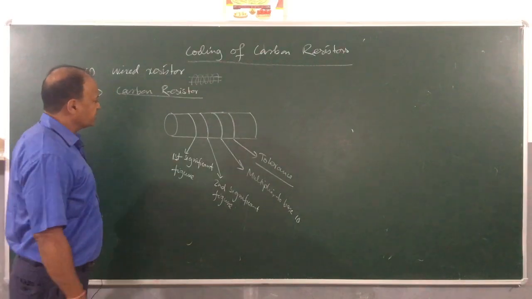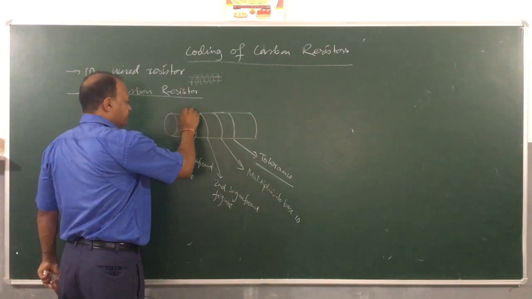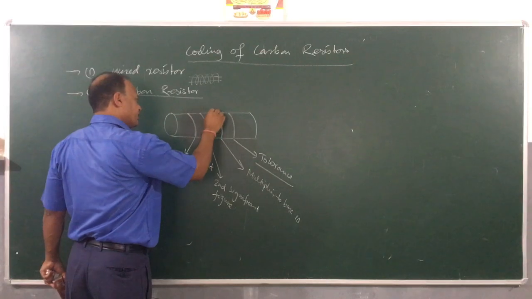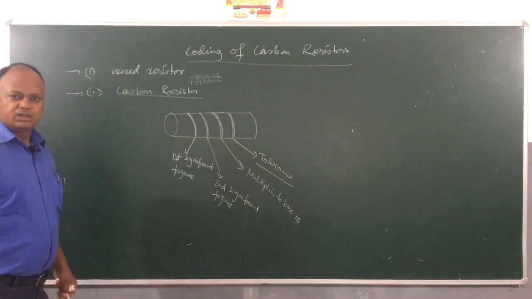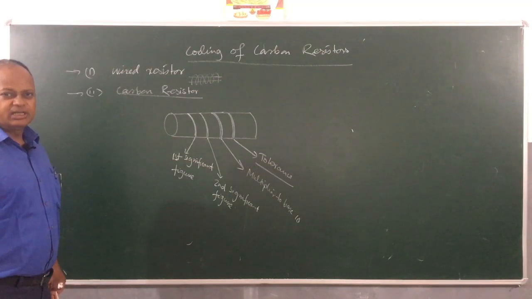So let us understand this, and each stripe is marked with a significant color which is different for each stripe.